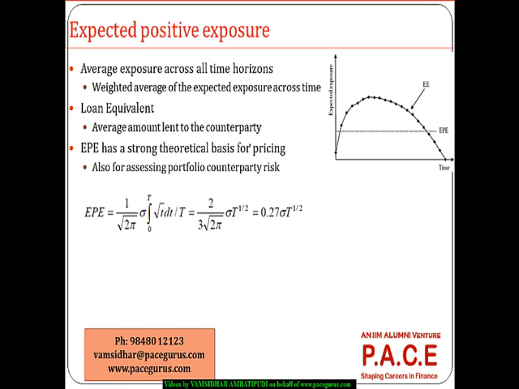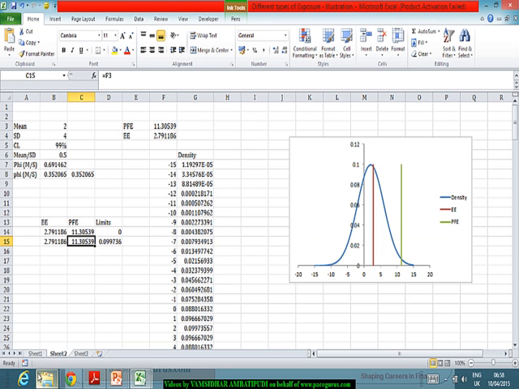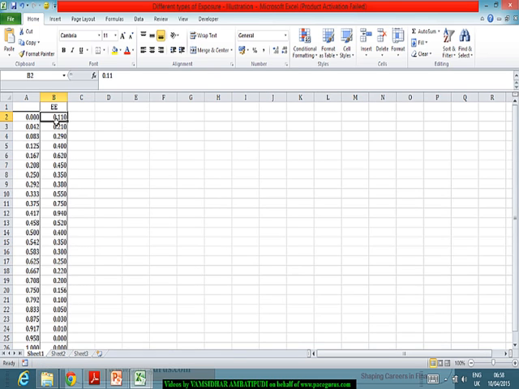Okay, now I have the worst exposure in that time interval. I am also interested in what is the average exposure across that entire time, which is what we are calling the expected positive exposure. Now probably it is like this. Let's say I have taken the expected exposures.